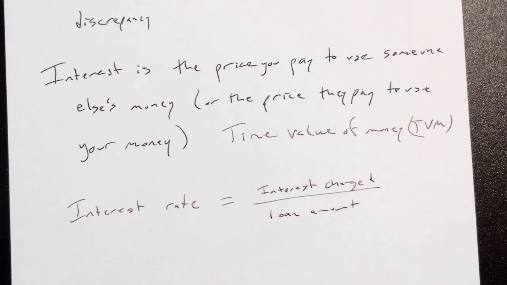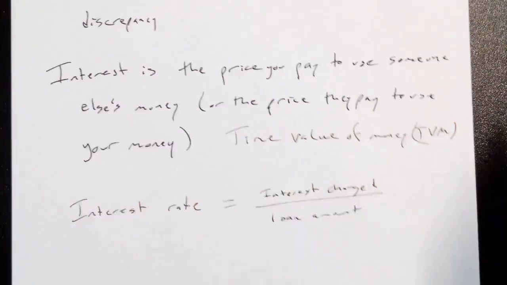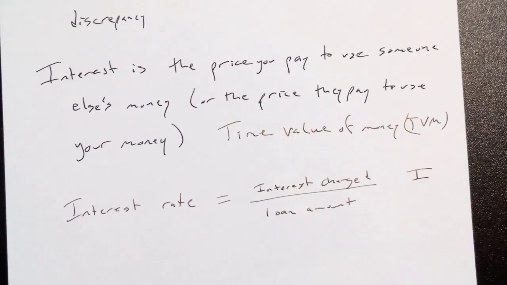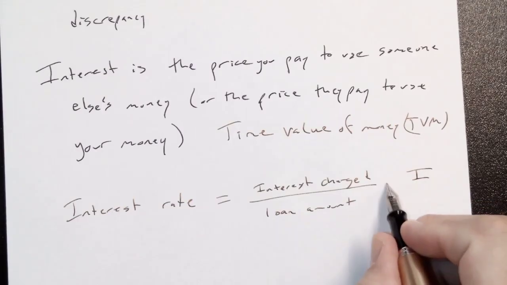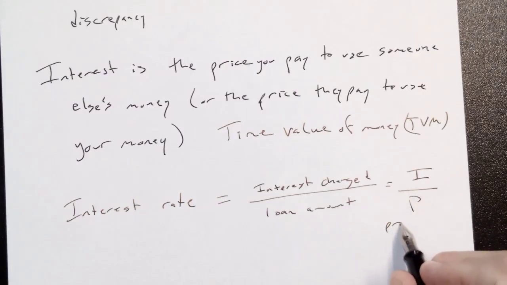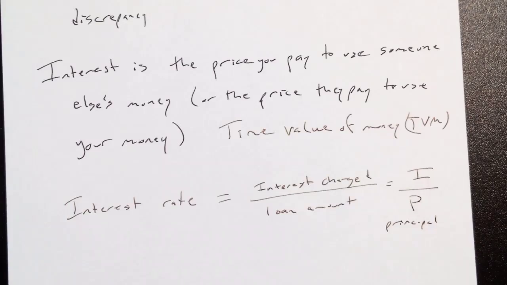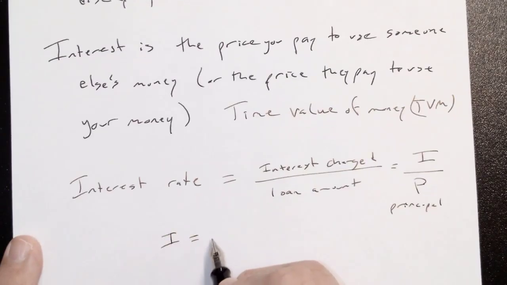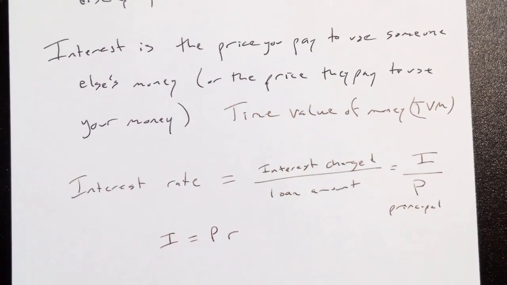It's almost always expressed as a percentage. And once I have that rate, we actually usually think of interest itself as a value, and the loan amount is called the principal. So we'll get a rate, and it'll be the interest divided by principal. We'll go the other way. Interest itself is principal times rate.